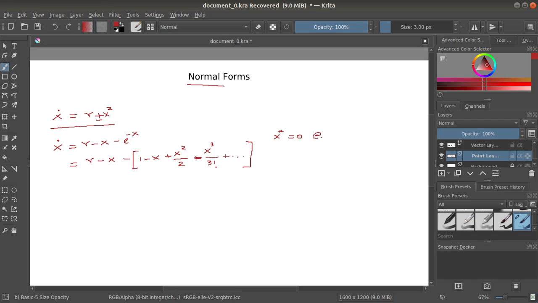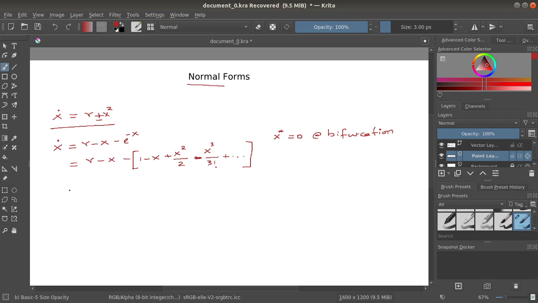So if x is very near to the bifurcation point, which is x star equal to 0, then I could ignore the higher order terms.